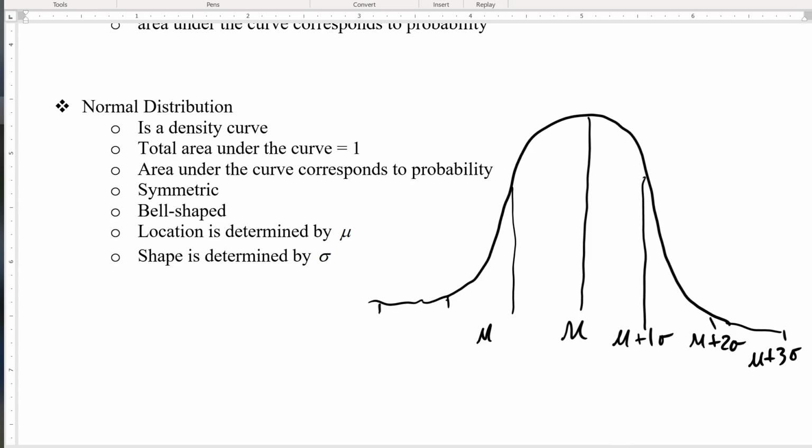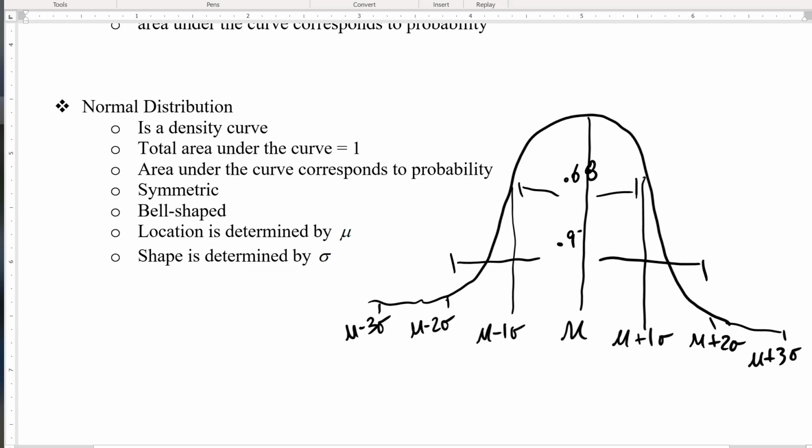Going to the left, mean minus 1 standard deviation, mean minus 2 standard deviations, mean minus 3 standard deviations. And we've done from before using the empirical rule, also known as the 68, 95, 99.7 rule, that within 1 standard deviation of the mean is approximately 68% of the data. Within 2 standard deviations of the mean is approximately 95% of the data. And within 3 standard deviations is approximately 99.7%.